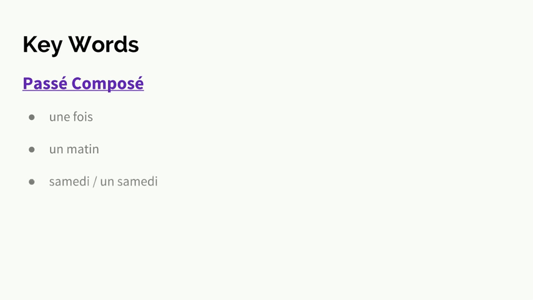There are some keywords of when to use passé composé versus imparfait. For the passé composé, key terms like une fois, once or one time, un matin, one morning, samedi, Saturday, or un samedi, one Saturday. So if we're talking about one time, we use the passé composé.